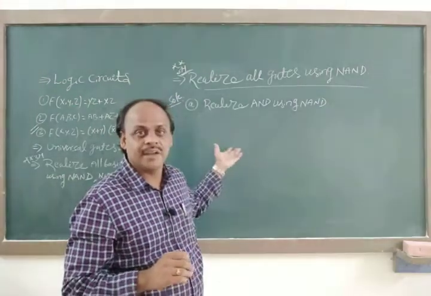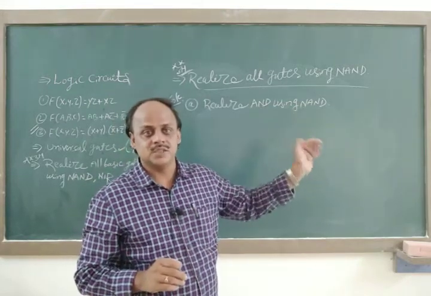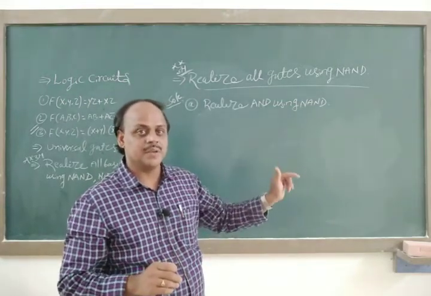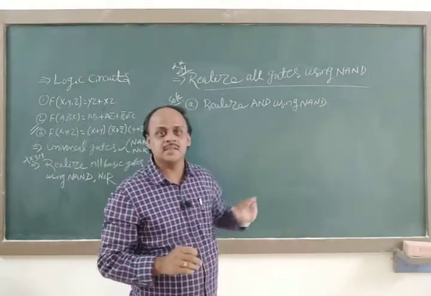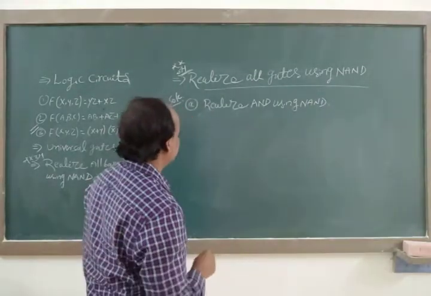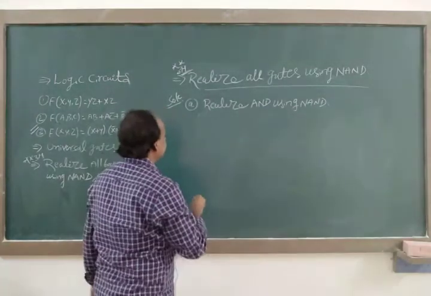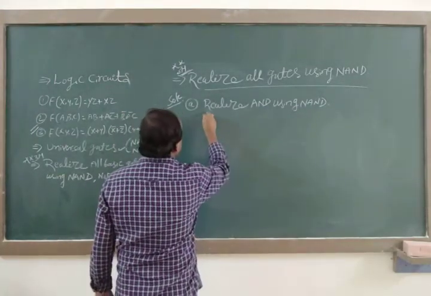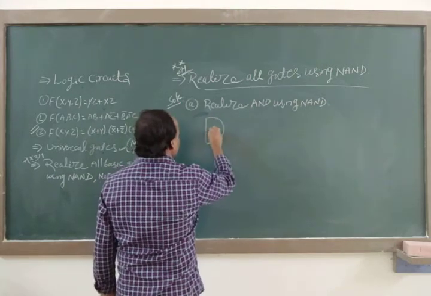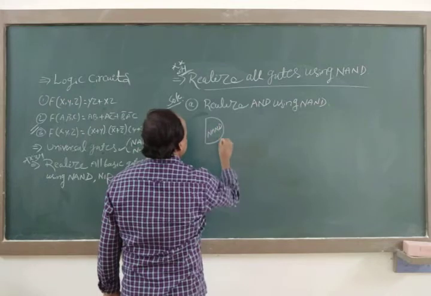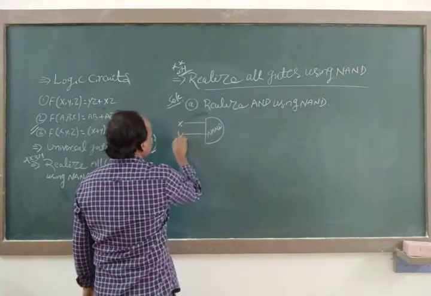So now we have to draw a logic diagram in such a way that we get at the end x into y. x into y means AND operation. Then realizing AND using NAND is over. Let us see. That's why take a NAND gate. x and y are the inputs, right?